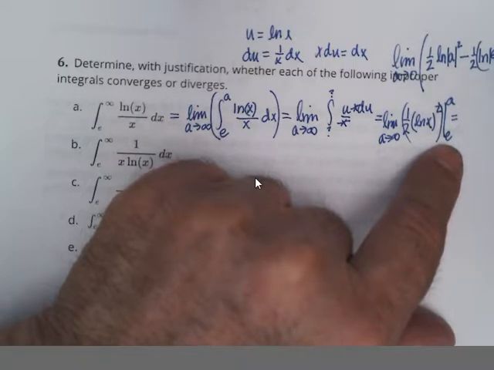Well, ln of e is 1, so 1 squared is 1 times a half. This is just 1/2, this piece here.